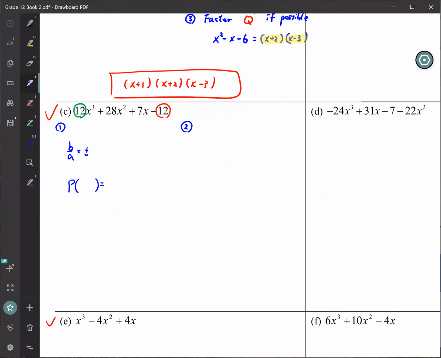So please raise your hand if you have found the fraction or the integer that works. But first list them out.